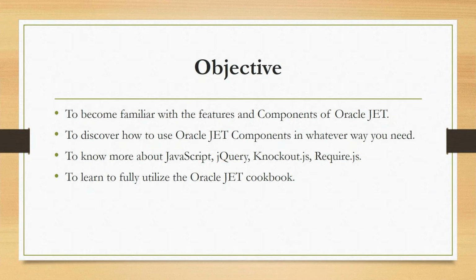Also, to get started, we'll learn the basics of JavaScript, jQuery, and Knockout JS as well, which are pretty helpful and handy when developing applications through Oracle Jet. As I've mentioned, Oracle Jet provides us with a cookbook, which has a certain set of components with certain features.